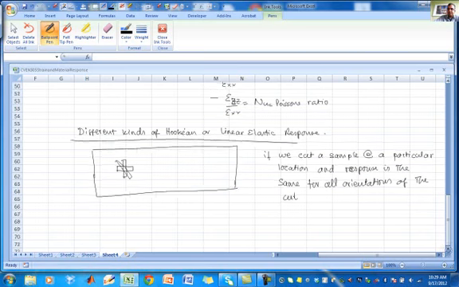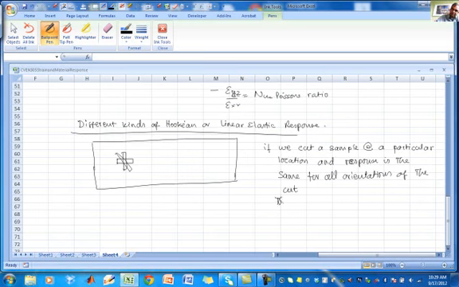If the response is the same for all cuts, then the response is called isotropic.